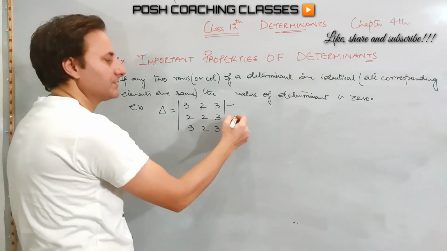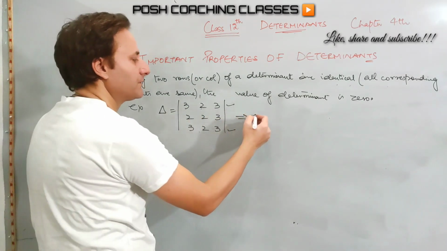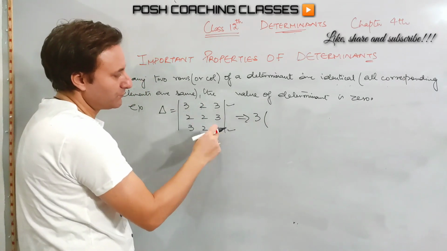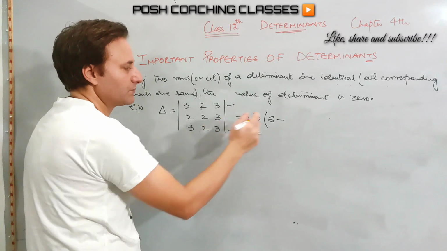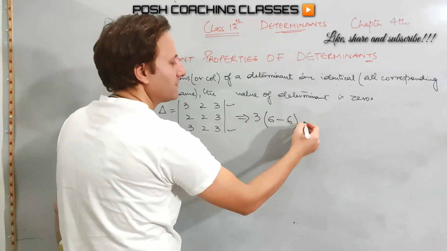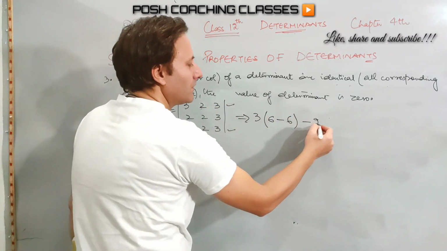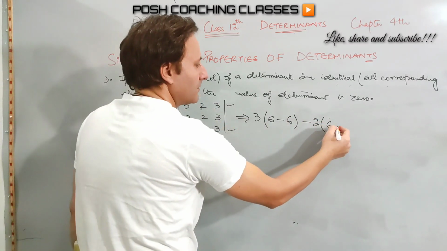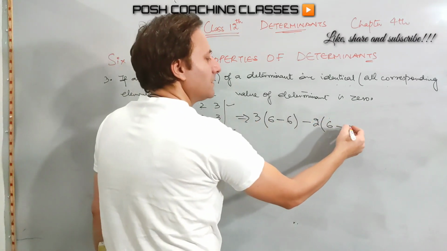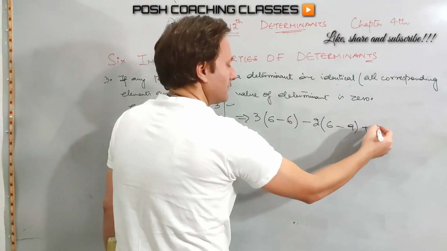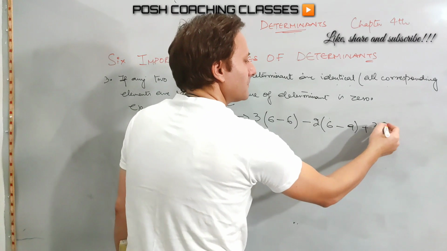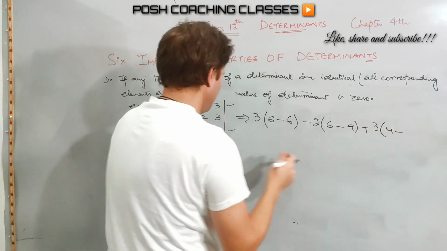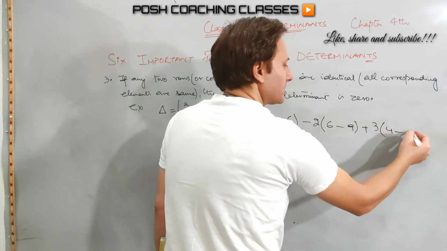We will solve this and just check. If I take the first row, 3, this and this I leave, 2 3s are 6, minus 6, then positive, then I have negative 2, then this and this will be left over, 2 3s are 6, minus 3 3s are 9, positive, then I have 3, this and this left, 2 multiplied by 2 is 4, 3 multiplied by 2 is 6.